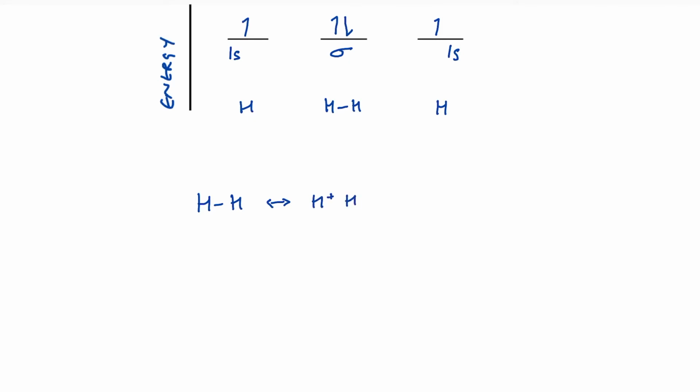We've got the possibility of ions, with one hydrogen ion being the cation and one the anion, and vice versa. Now in H2, this covalent resonance form is more heavily weighted than the two ionic forms. And because these two ionic forms contribute equally in character, there's no permanent dipole in the molecule.